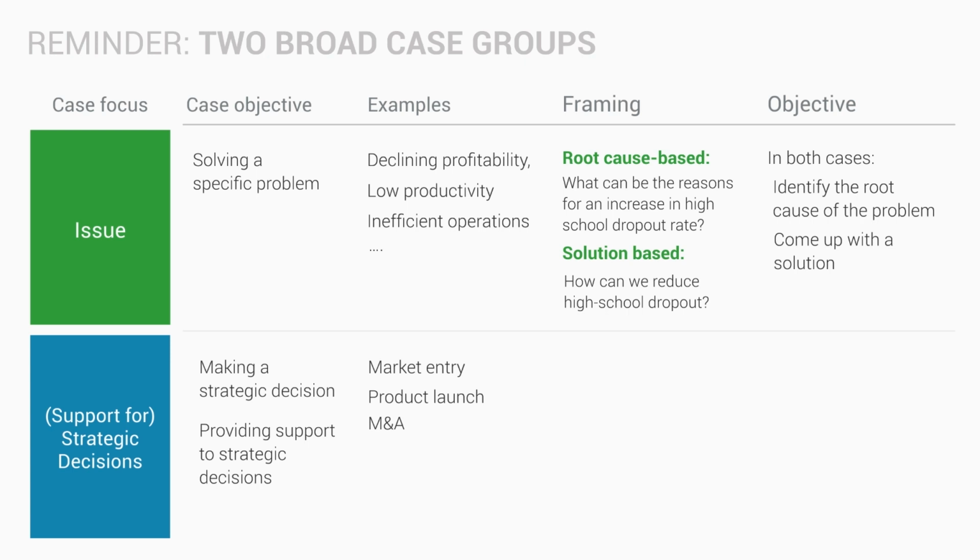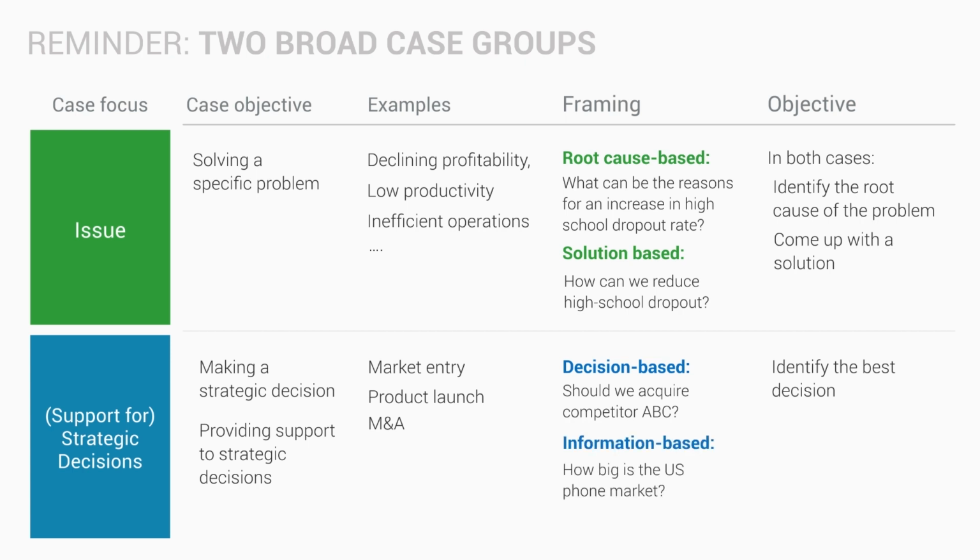Again, such cases can be broadly clustered into two subgroups: decision-based, such as an M&A case where the objective is to identify the best decision, and information-based, such as an estimate, where the objective is to provide information.